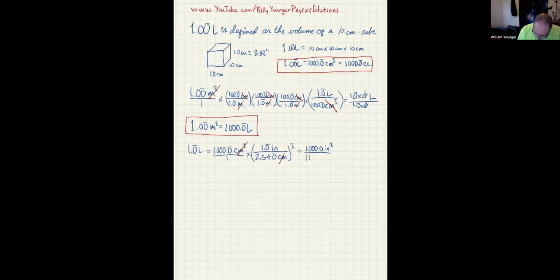And that says 16.387064. And I'll put a 0 with a bar over it because I know that number is exact again. So now if I divide 1,000 by that number, then I should get the answer, and it turns out to be 61.02. Let's go ahead, 1 extra sig fig, 61.024 cubic inches.